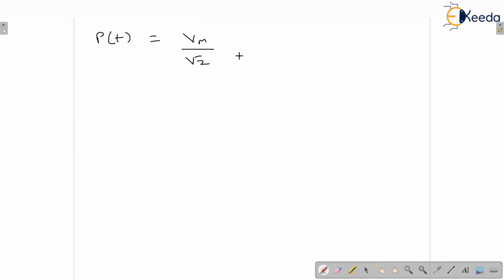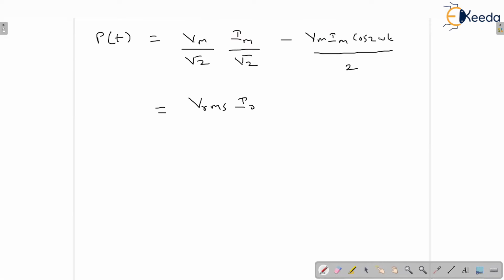So this gives rise to P of t equal to Vm by root 2 times Im by root 2 minus Vm Im cos 2 omega t by 2, which is Vrms Irms minus Vm Im cos 2 omega t by 2.